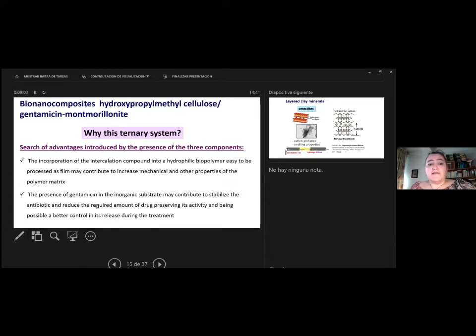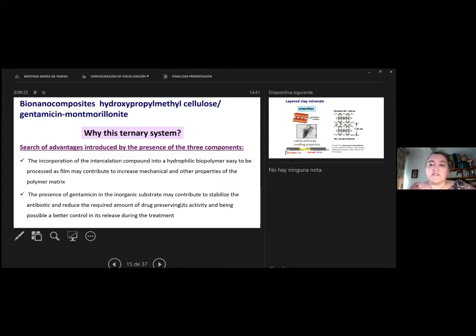And also the use of the clay is necessary because hydroxypropyl methyl cellulose is a biopolymer whose mechanical properties, and especially its stability in moisture, are not too high.